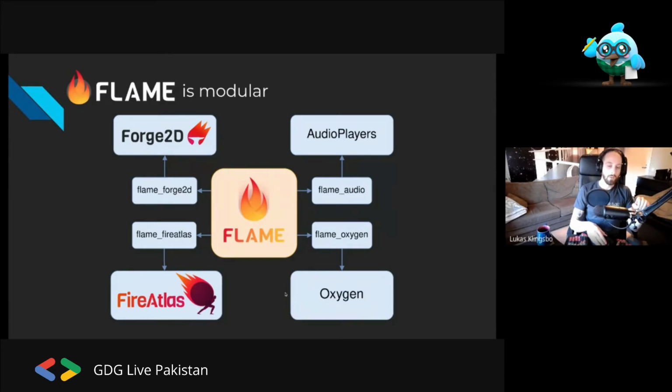So if you want to have, I don't know, 20,000 objects or something, then Oxygen might perform better than a Flame Component System. But it is at a much earlier stage than Flame, so it doesn't have support for as many things. But nonetheless, very nice package.